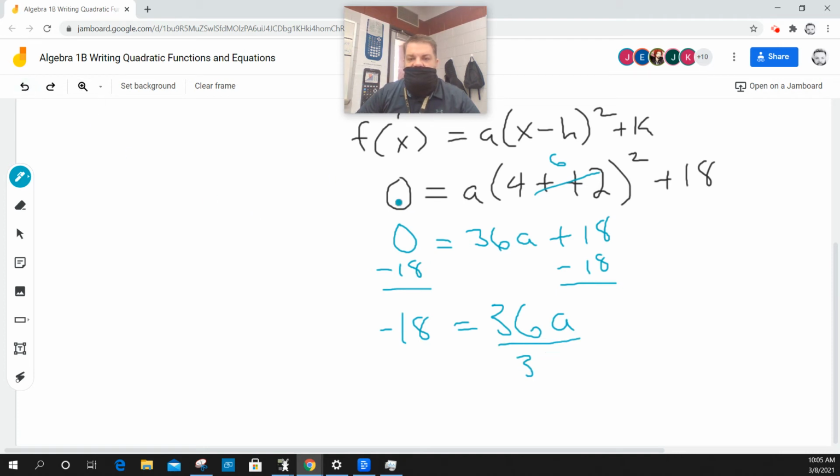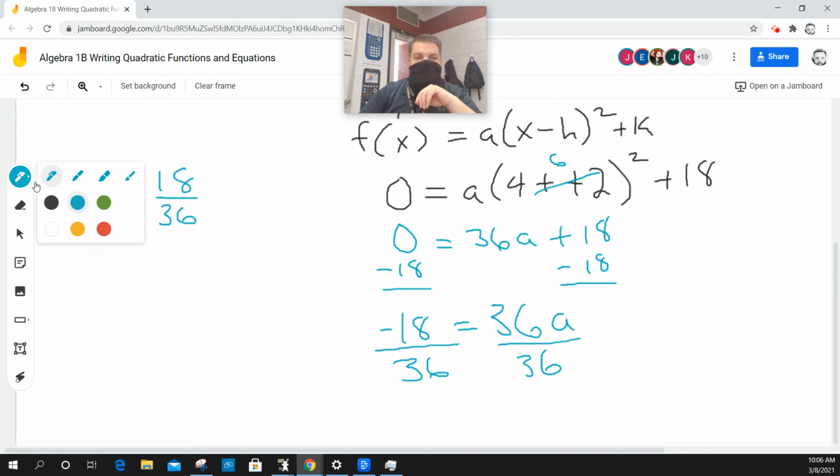Why did I put 33? Now I get a equals -18 over 36. So I want to reduce that.